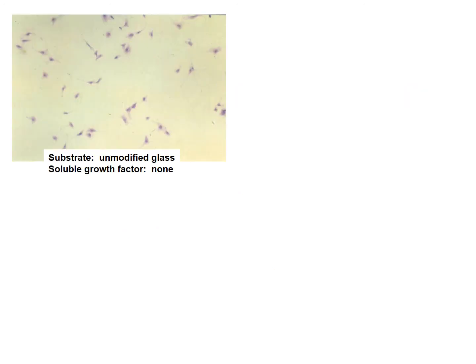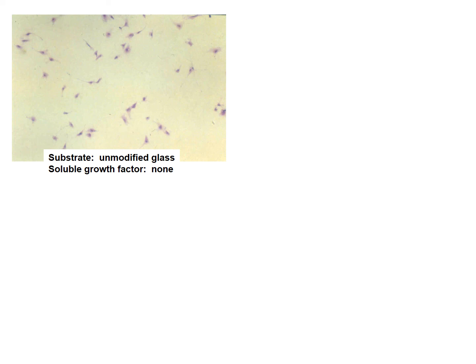Several important results were obtained from this study, and they are illustrated on 4 micrographs presented on this slide. We start with the first frame, which is endothelial cell adhesion on unmodified glass in the absence of any growth factor.